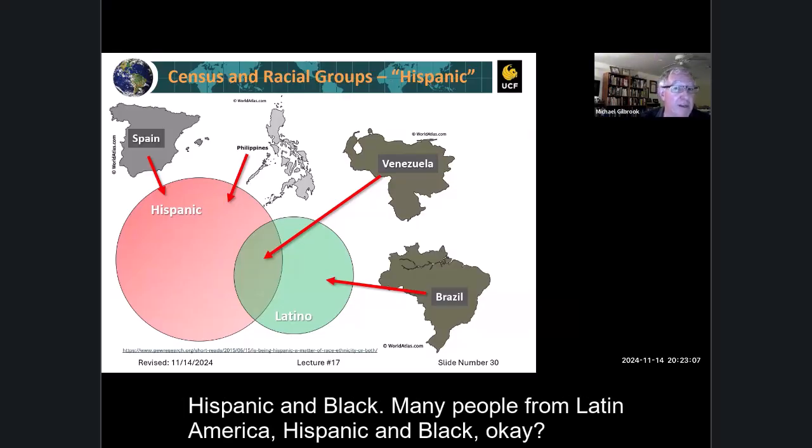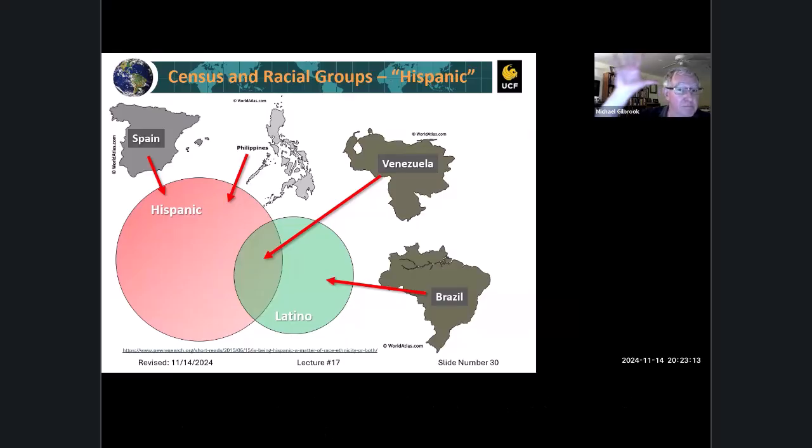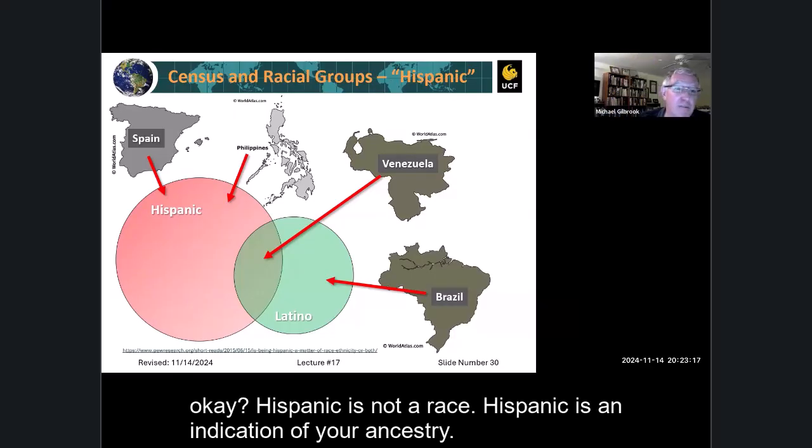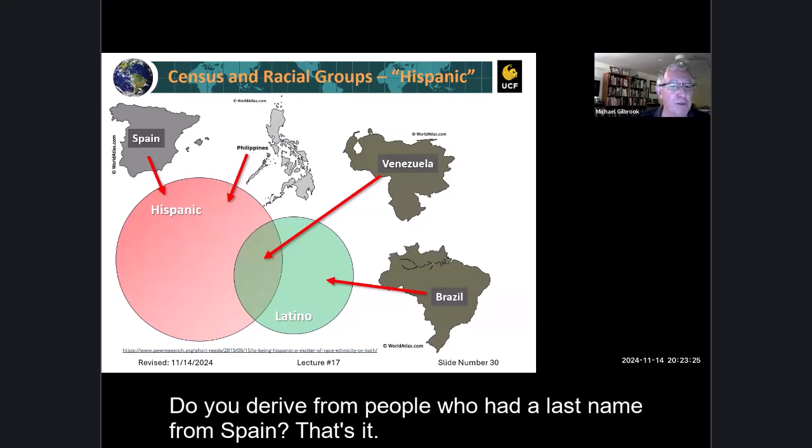Many people from Latin America, Hispanic and Black. Okay. How many people know white people who are Hispanic? Okay. Hispanic is not a race. Hispanic is an indication of your ancestry. Do you derive from people who had a last name from Spain? That's it.